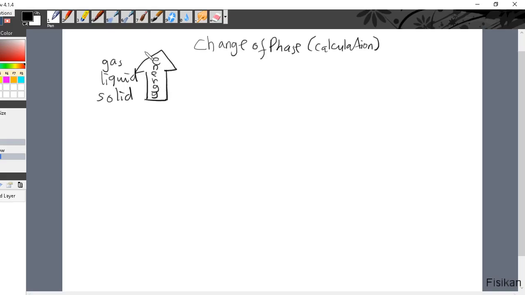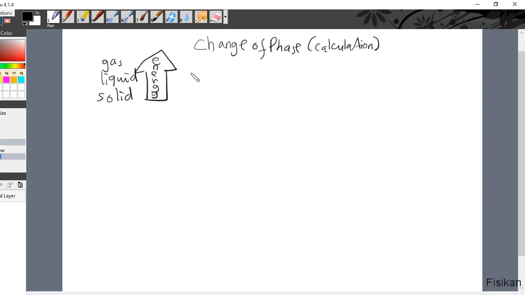So this simple diagram could really help you in understanding the flow of the energy, whether the substance receives energy or releases energy, and what it will become if it receives enough energy or releases enough energy.